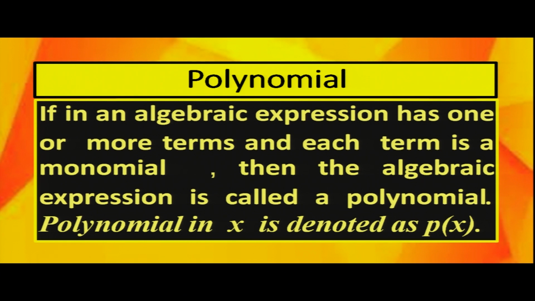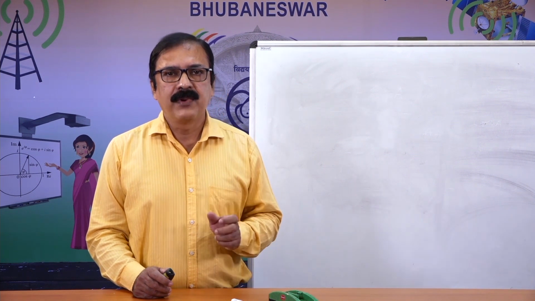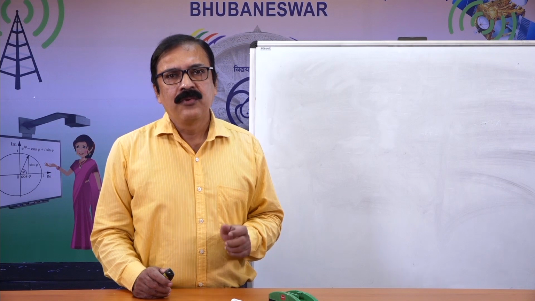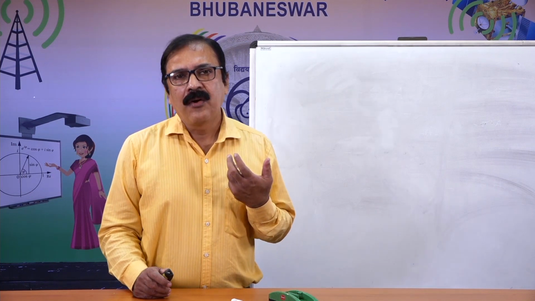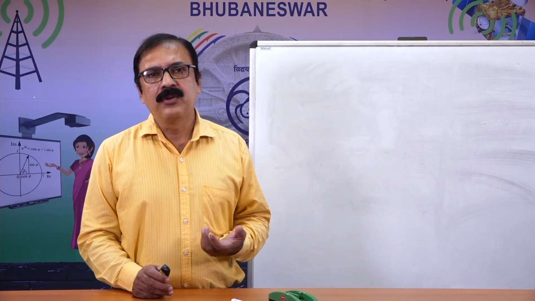A polynomial in x is usually denoted as p(x). Any polynomial can be expressed in this form. Not only p, we can use any other alphabet also to represent a polynomial.